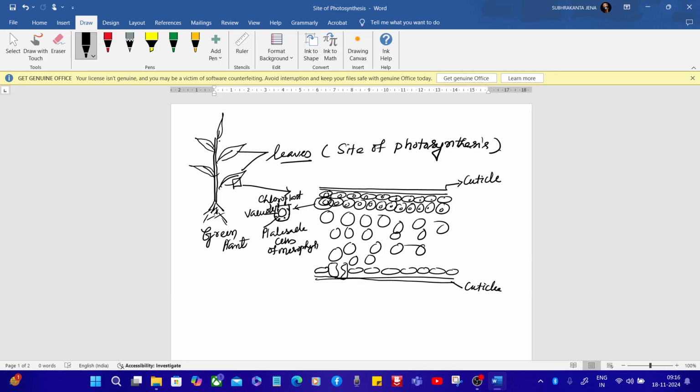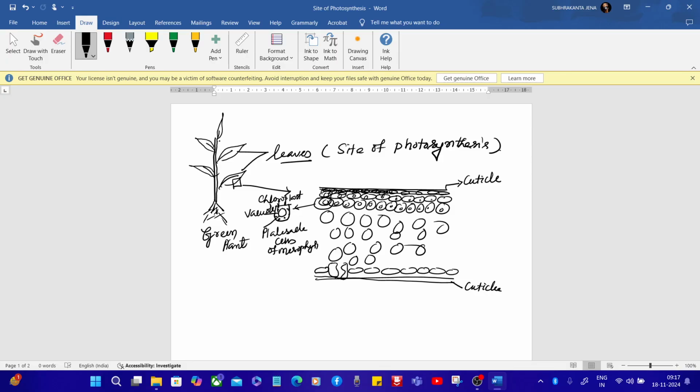And this layer, you can mention also cells here, like elongated cells, by drawing like this.